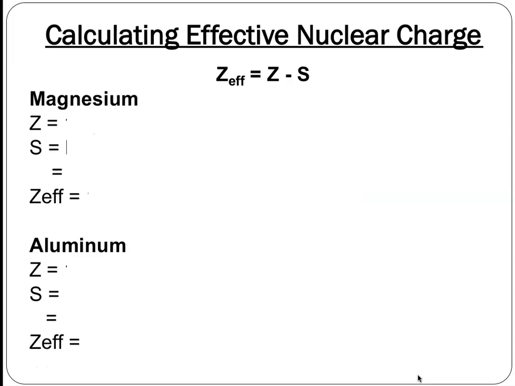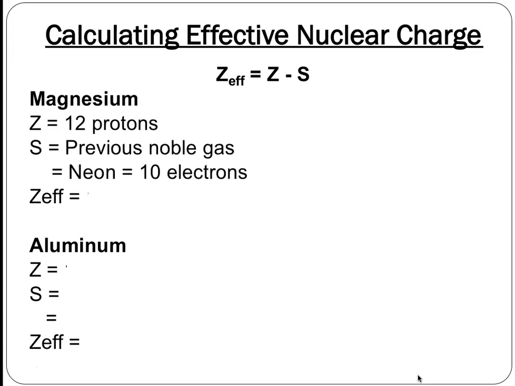So let's take a couple examples here to calculate our Z effective. We'll look at magnesium. You find magnesium on the periodic table. We know it has 12 protons. And we look at its number of electrons from the previous noble gas, which is 10. Now, we know magnesium has 12 electrons total, but again, we do not count valence or the highest energy level.